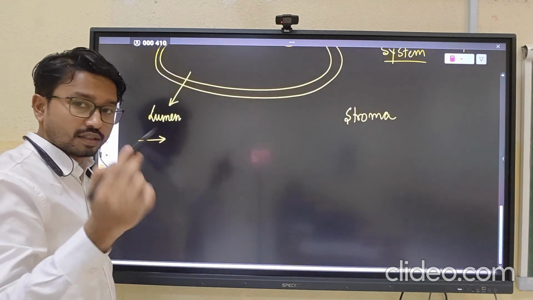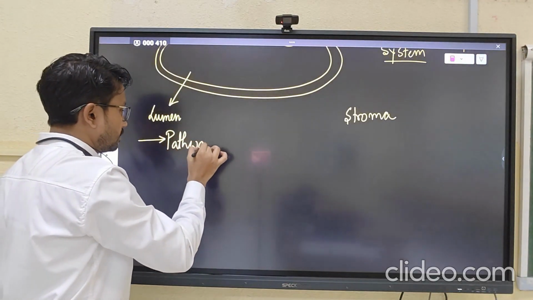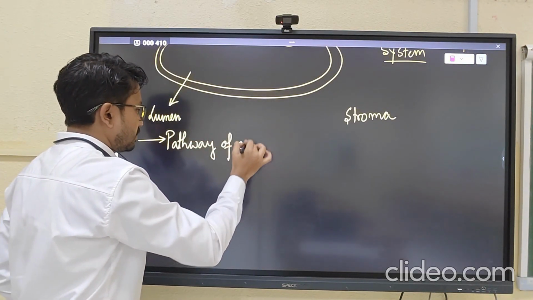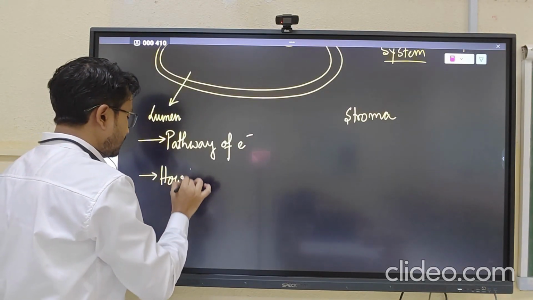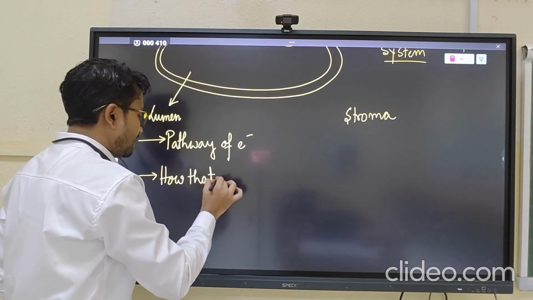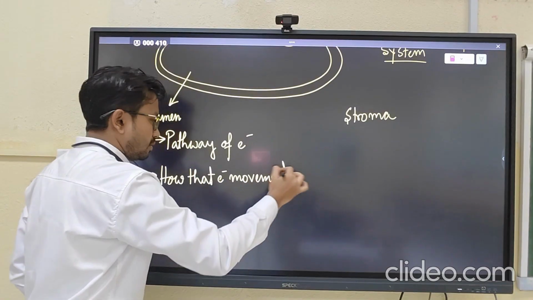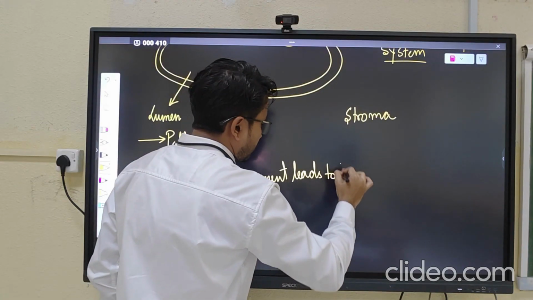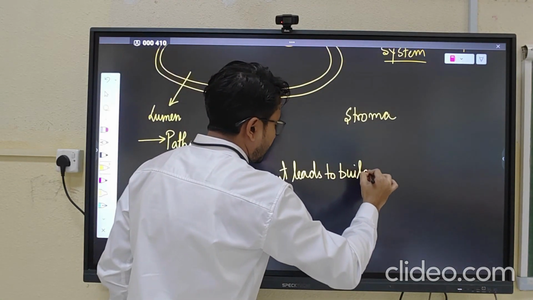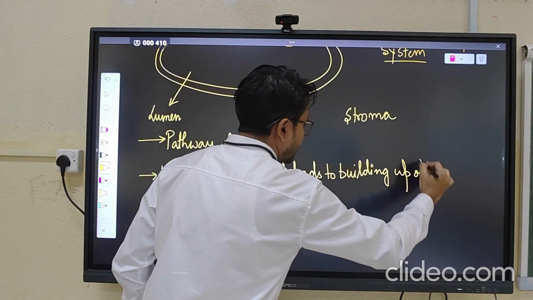One is the pathway of the electrons. Next is how that electron movement leads to the building up of a proton gradient.